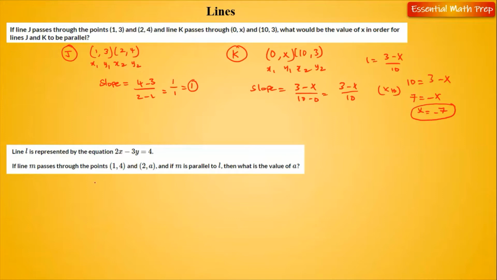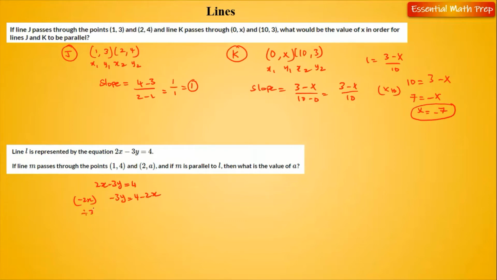So first, let's convert 2x minus 3y equals 4 into slope-intercept form. We can subtract 2x on both sides, which gives us negative 3y equals 4 minus 2x.